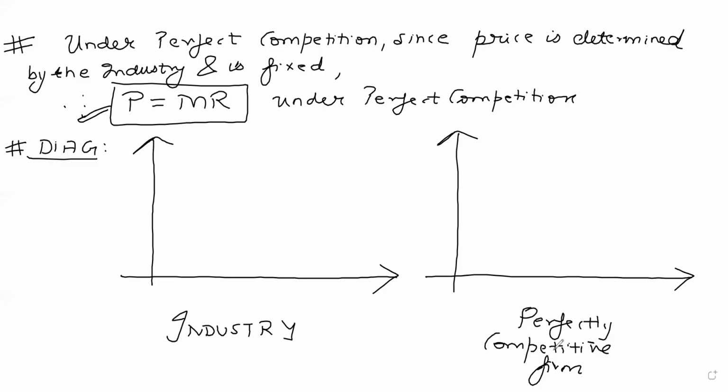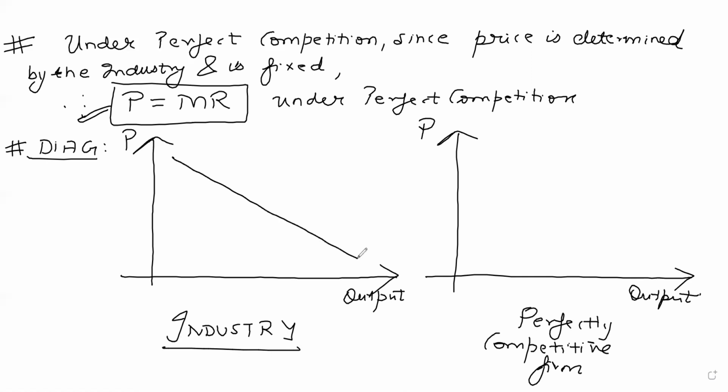So now if I talk about the industry demand curve, first of all, output is measured on the horizontal axis, and price is measured on the vertical axis. Now the industry demand curve is downward sloping as usual. The industry supply curve is upward sloping, and the price is determined by the market forces of demand and supply.